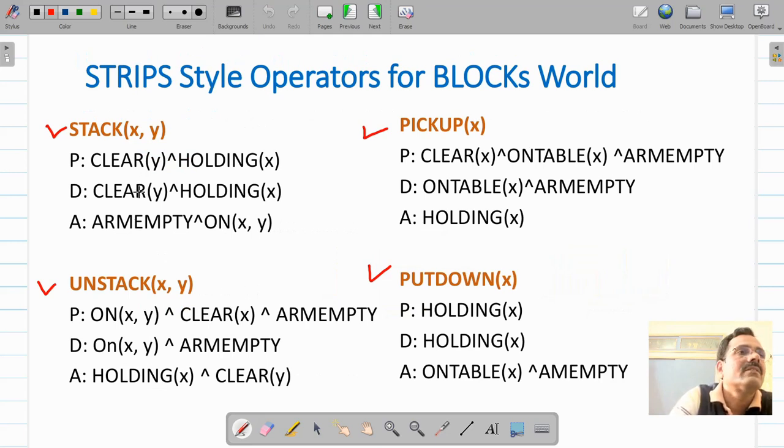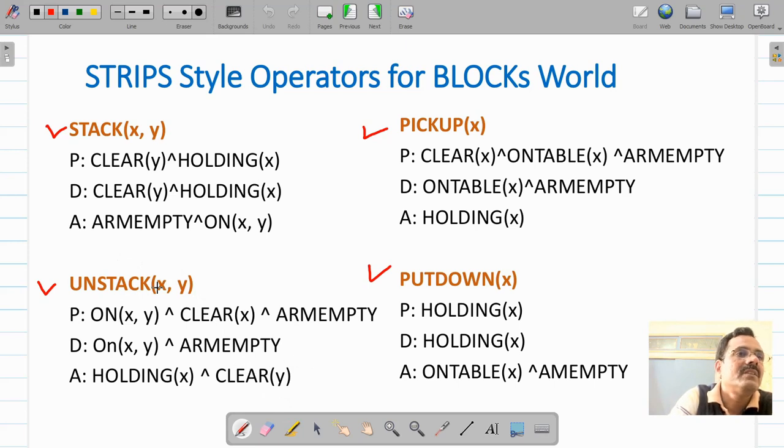So let us look at the add list of all these operators. No. Yes, unstack XY will give you clear Y. So you will have to clear A, so Y will be replaced by A in that case. If you perform this unstack operation, then you will be able to achieve this clear sub goal.